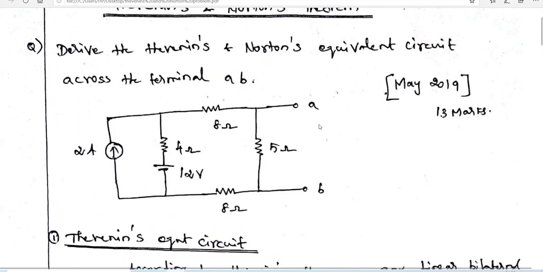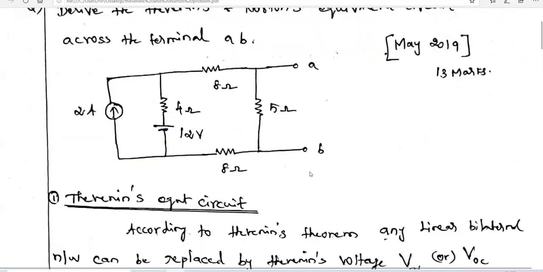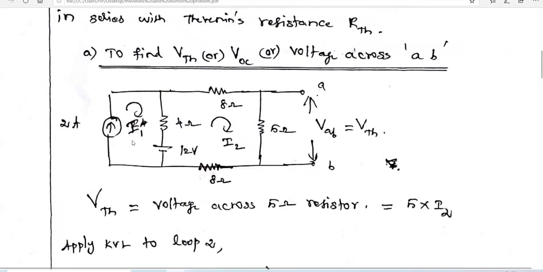In some problems there will be a load resistance across A and B, so we have to remove the load and make it an open circuit. Here the terminals A and B are already open circuited, so we measure the voltage across them, which is the VTH. This is the given diagram, and now we have to calculate the open circuited voltage across the terminals A and B.